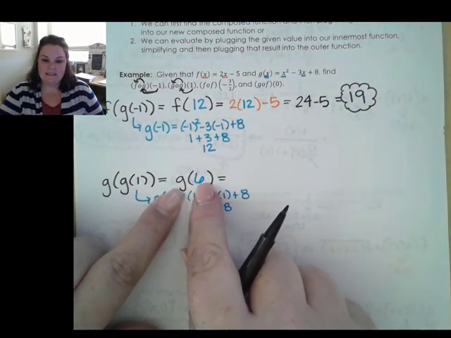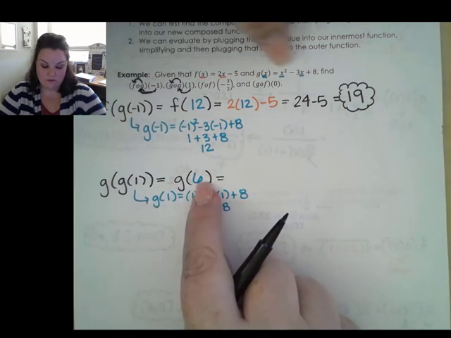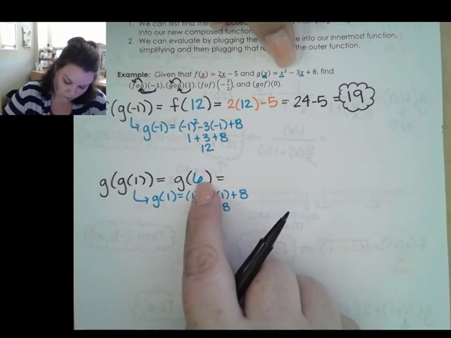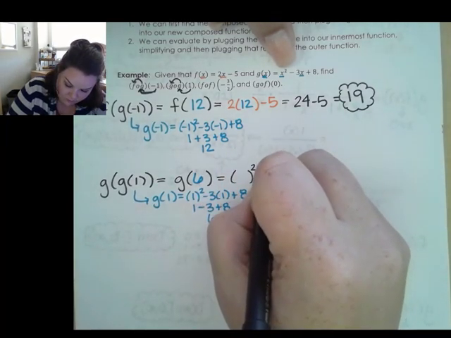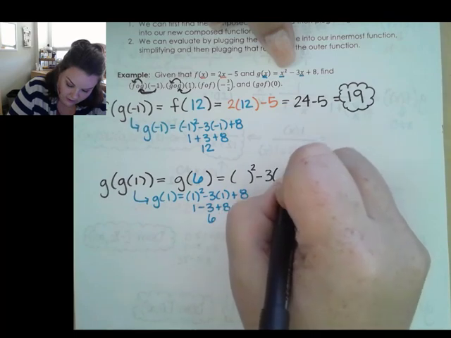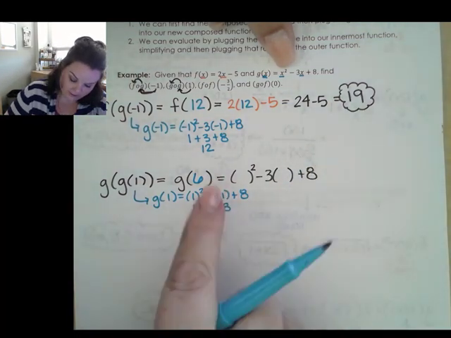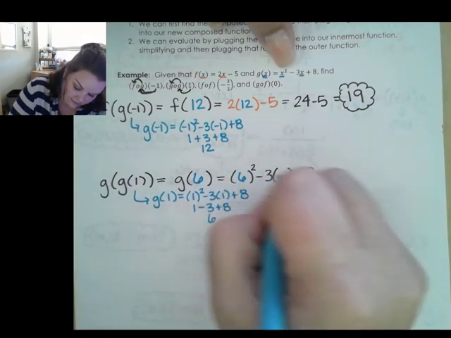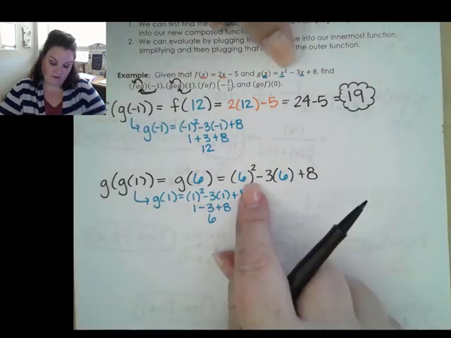So now we're plugging 6 into our g function. Again, we're using this function, which says to take our input, square it, and subtract 3 times our input plus 8. And our input here is 6, so I'm just putting 6 in there and then simplifying.